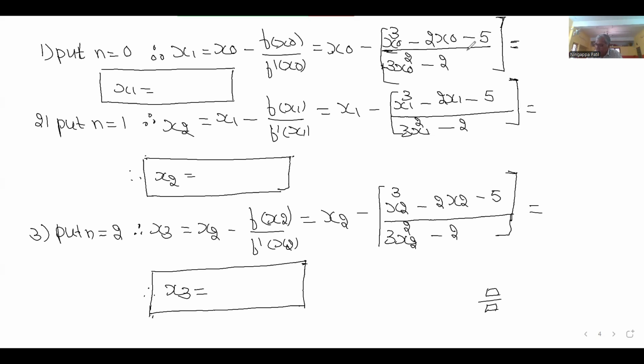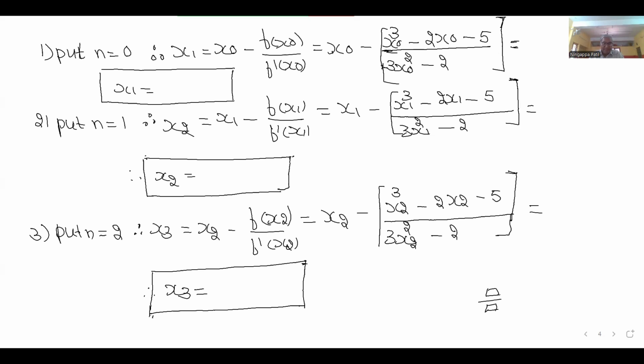Then you bring the cursor to the denominator: 3, answer square, minus 2. Then shift the cursor here and close the bracket. My dear students, look here, see how magical it is.